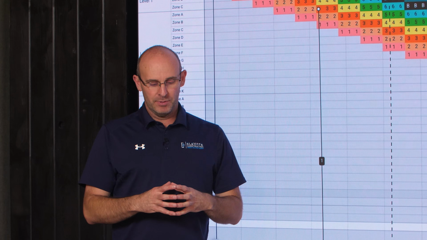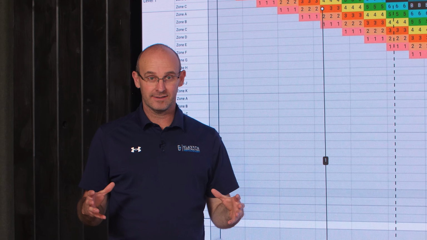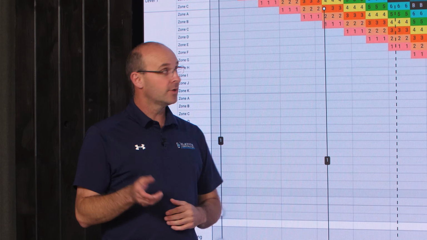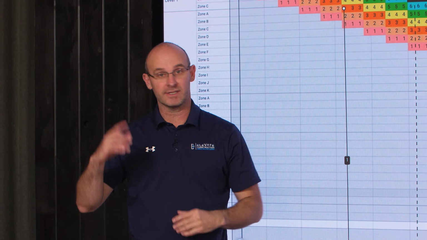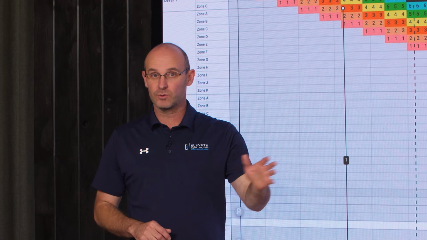So let me make sure this is clear. Because of work density and our ability to package work, you can create a rhythm through any type of building: civil, hospital, airport, school, whatever.